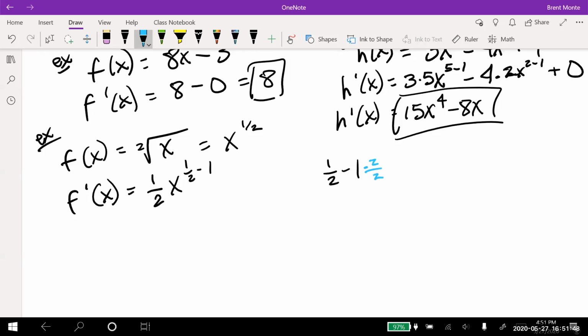So it's really 1 minus 2, which is -1, and then you keep the denominator. And you probably know that 1/2 minus 1, we flip around, 1 minus 1/2 is 1/2, but it's negative because the bigger one was negative. So this is really 1/2 x to the -1/2.